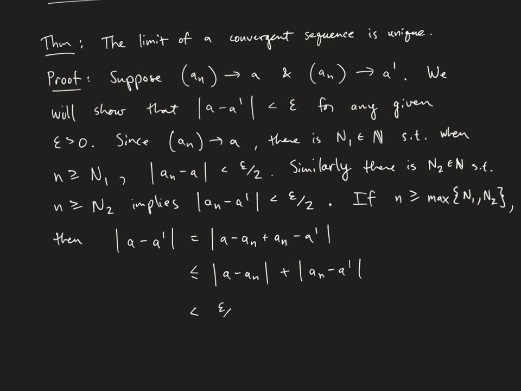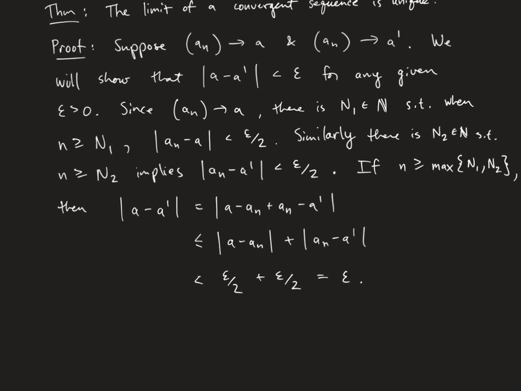And because n is bigger than or equal to n1, we have less than epsilon over 2 for this one, and because n is also bigger than or equal to n2, we have this one is less than epsilon over 2, so the sum is less than epsilon over 2 plus epsilon over 2, which equals epsilon. So indeed, the distance between a and a prime is less than epsilon, and we are finished, which completes the proof.